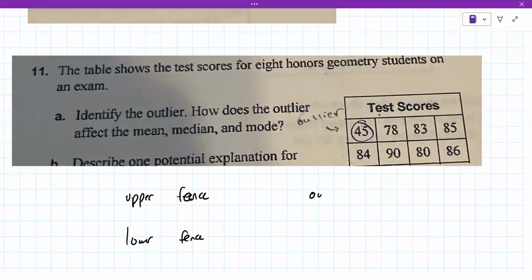So the outlier only affects the mean. Generally, the median and the mode are not affected.